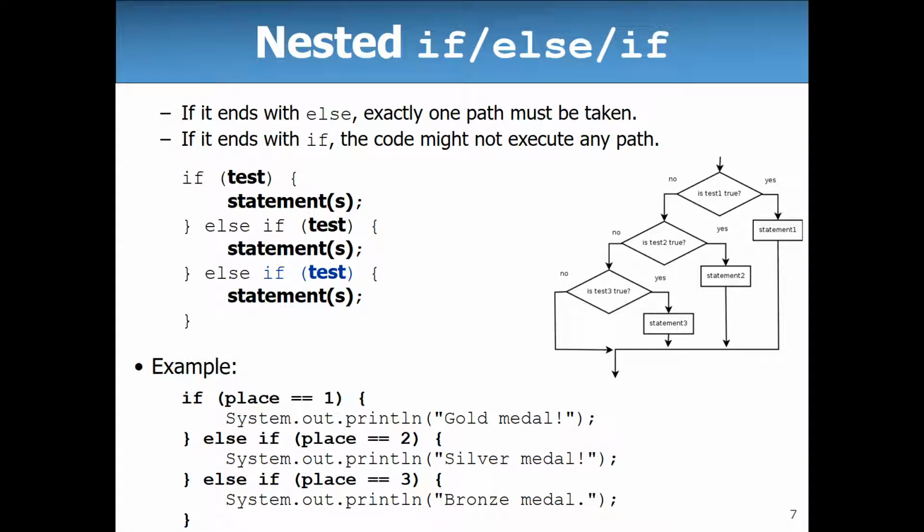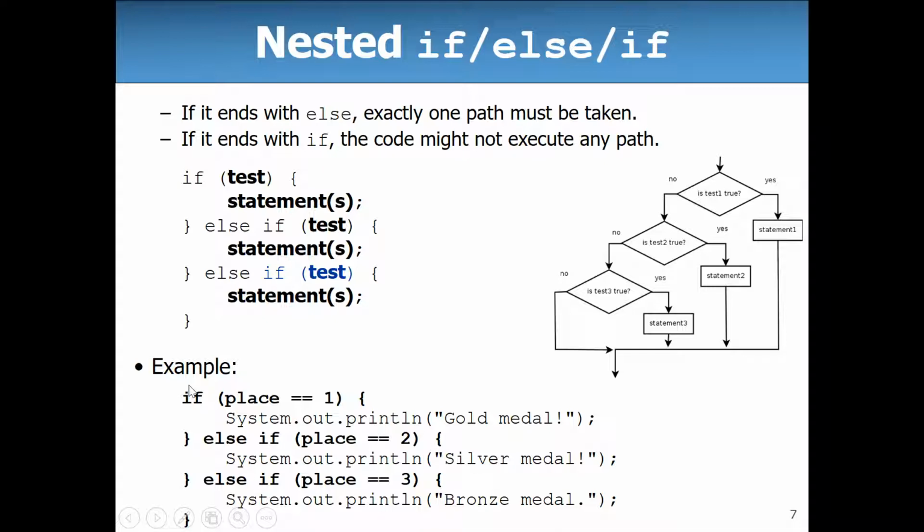So the rule is, if it ends with an else, exactly one path must be taken. Otherwise, if you've got an if followed by an if, you can do any of these or none of these or all of these. So if place is equal to 0, so your first place, gold medal. Else if you're in second place, silver medal. Else if you're in third place, bronze medal.